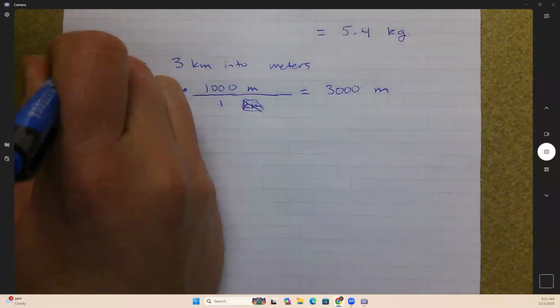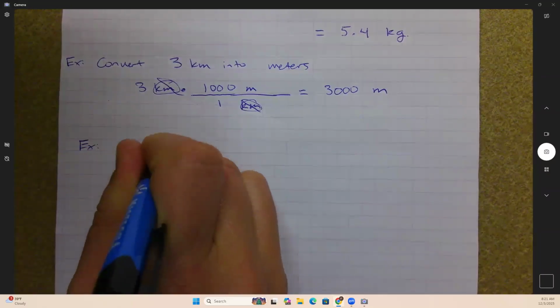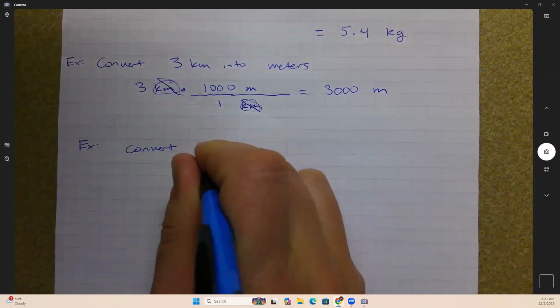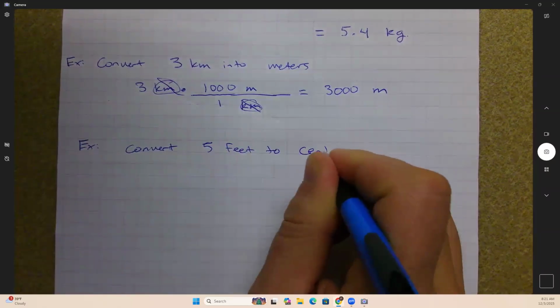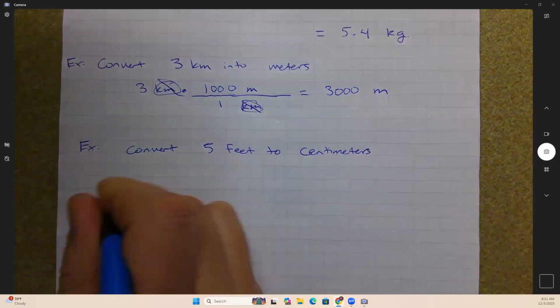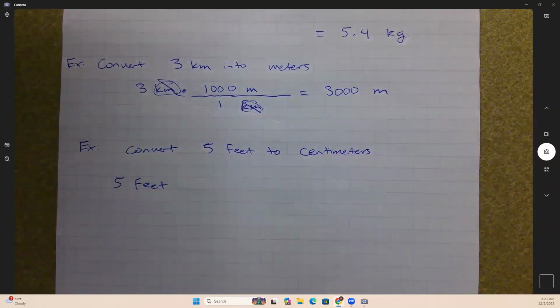Let's do a two-step one, because we can do as many steps as we want. Let's convert 5 feet to centimeters. So we start with what we have, 5 feet. And we don't want feet, we want centimeters.